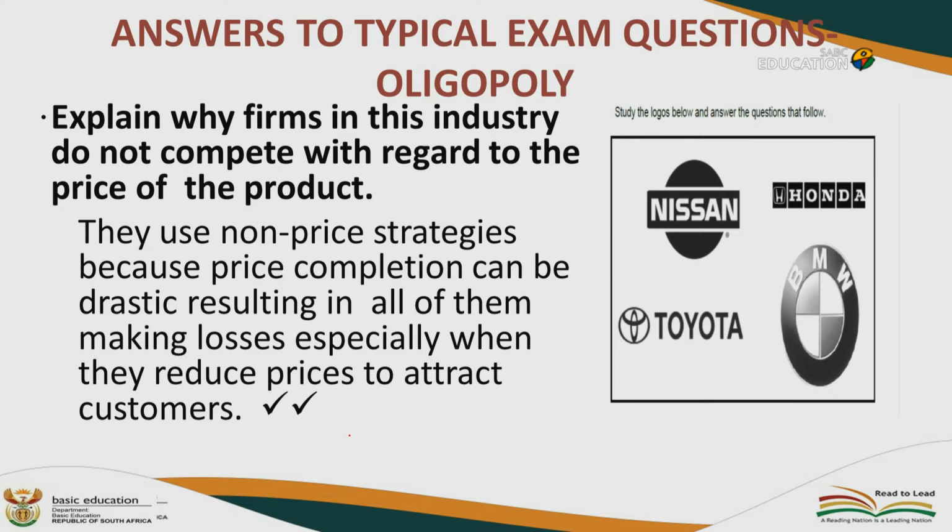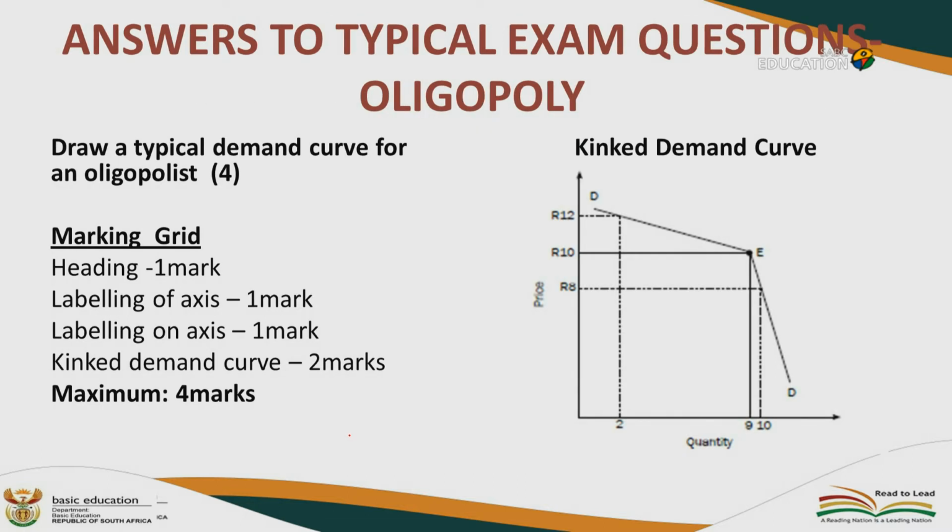So indirectly, the question requires you to understand that how else can they compete? They compete by using non-price what? Strategies. Why? Because price competition can be drastic, resulting in all of them making losses, especially when they reduce prices to attract customers.